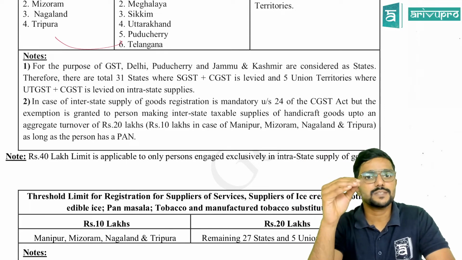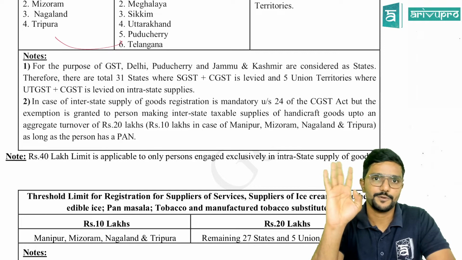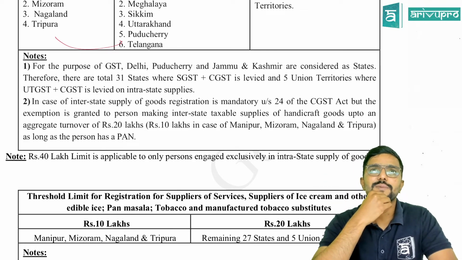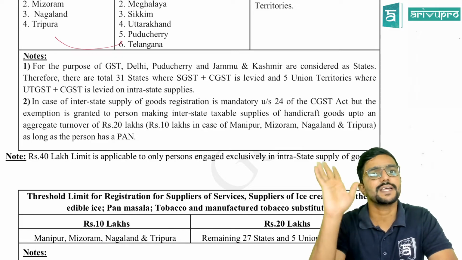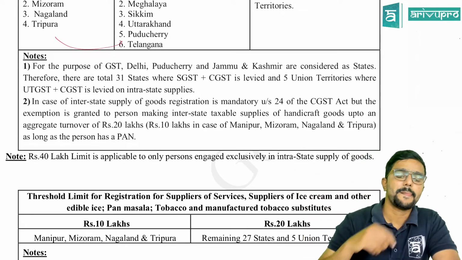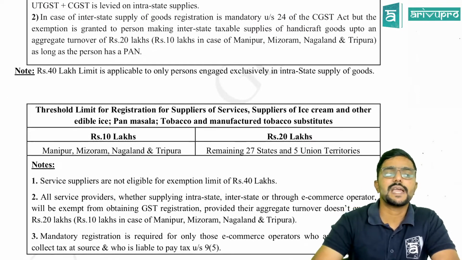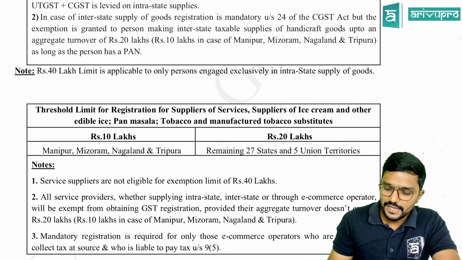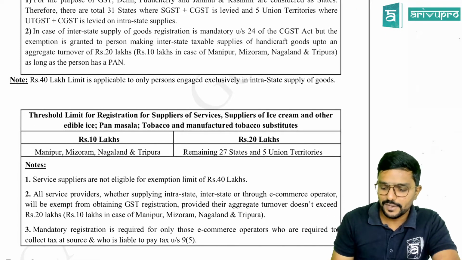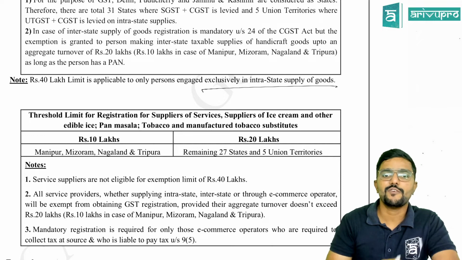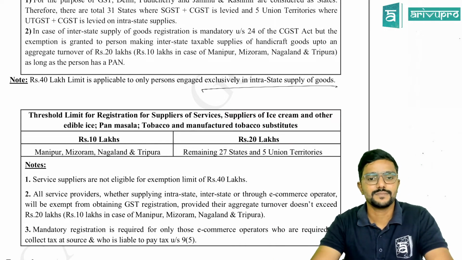Note, the 40 lakh limit is applicable only to persons engaged exclusively in intra-state supply of goods. So if you are supplying goods outside the state, for you the 40 lakh limit is not at all applicable.